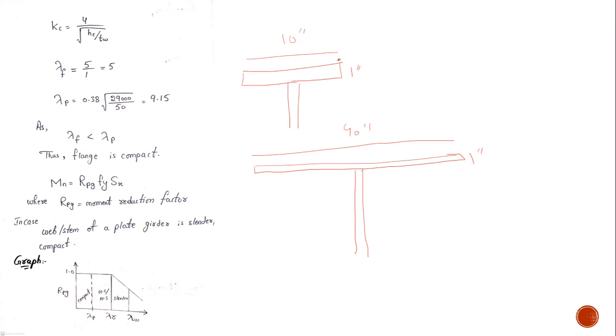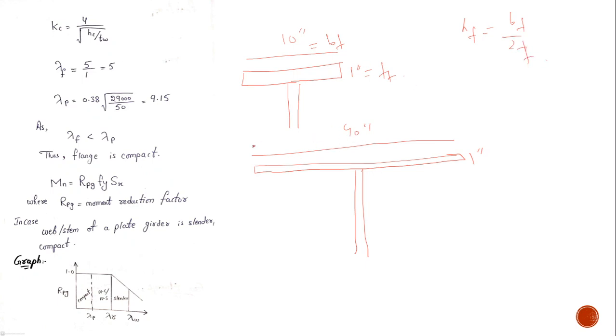You see that in the first case its thickness is 1 inch and its length is 10 inches. It's not too thin, and you can easily find out its value: lambda f is equal to bf divided by 2tf.